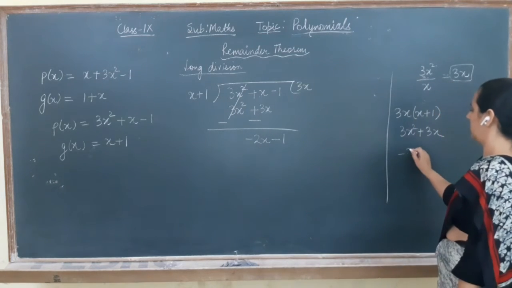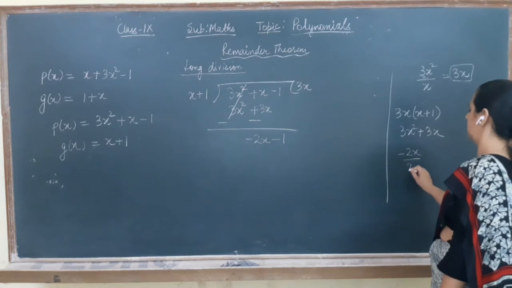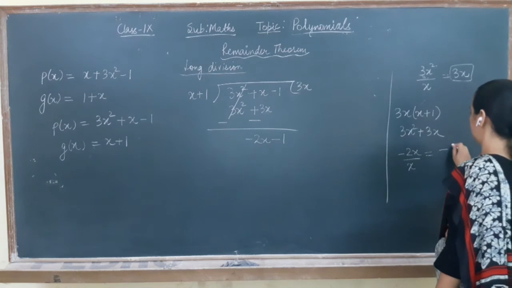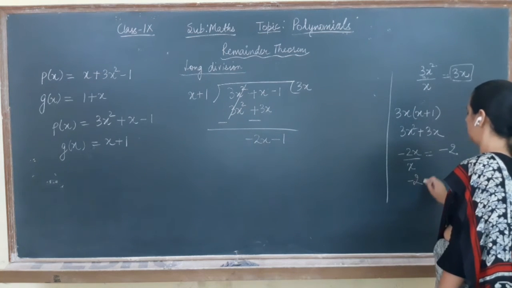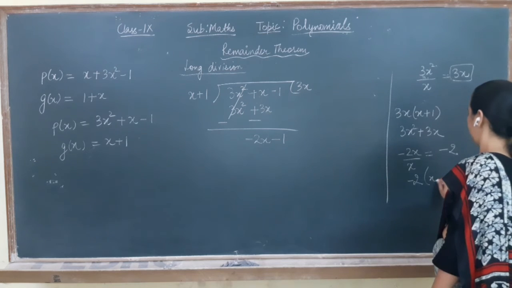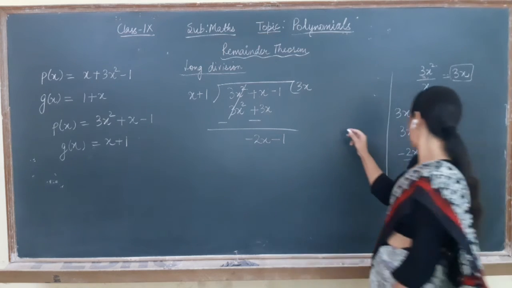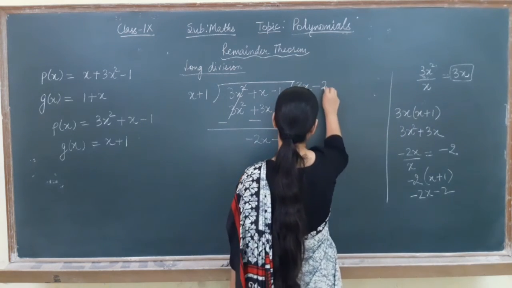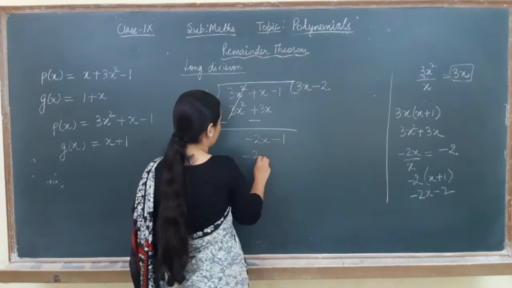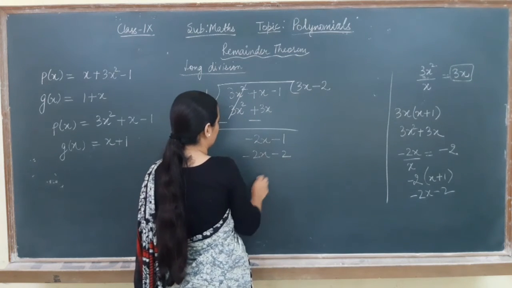First term of the dividend upon first term of the divisor. I will get minus 2. That means I need to multiply the divisor by minus 2. What I will get? Minus 2x minus 2. So we have multiplied by minus 2 and we have got minus 2x minus 2.